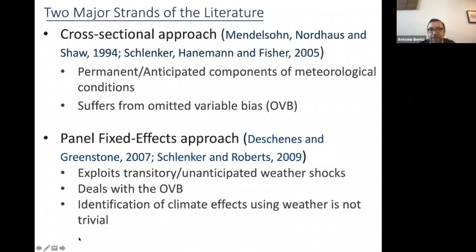So let me start very quickly by highlighting the contribution of the paper by reminding you that there are really two major strands of the literature when it comes to the empirical measurement of climate impacts and climate adaptation. The earlier literature built on cross-sectional approaches, with the famous paper by Mendelsohn, Nordhaus, and Shaw, and then follow-up work by Schlenker, Hanemann, and Fisher, really looked at these permanent anticipated components of meteorological conditions.